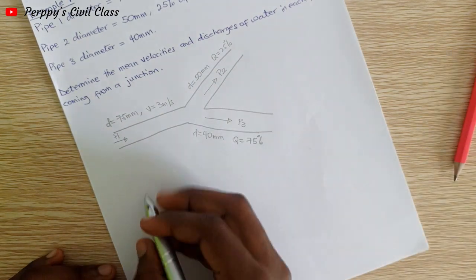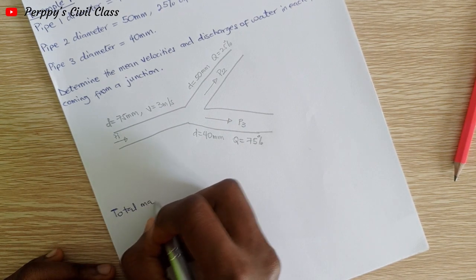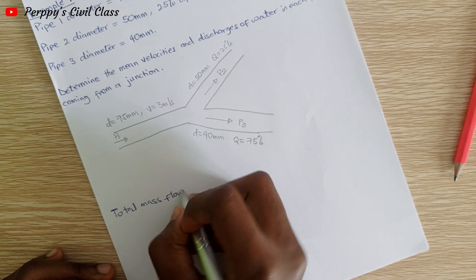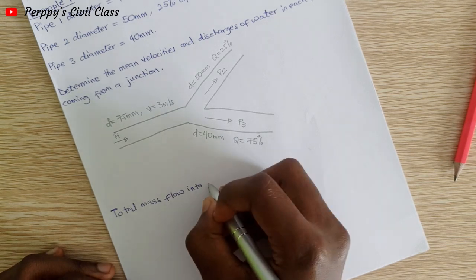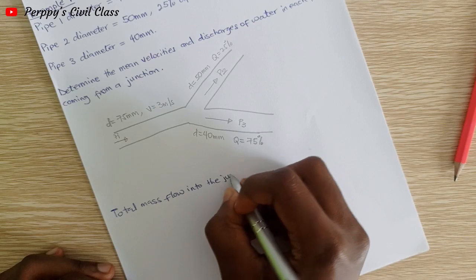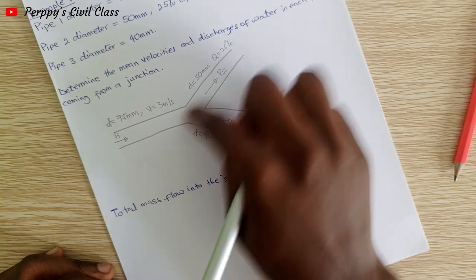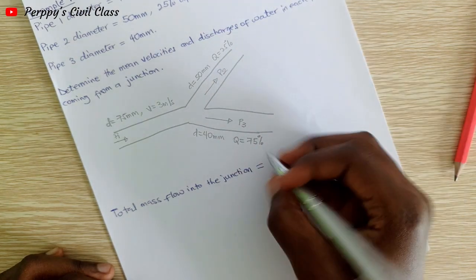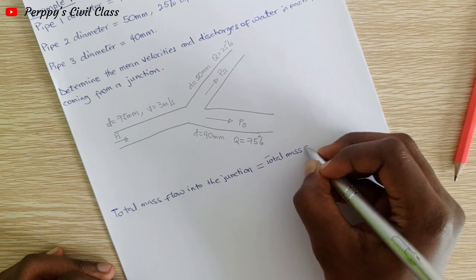Solving, we can say that the total mass flow into the junction is equal to the total mass flow out of the junction.